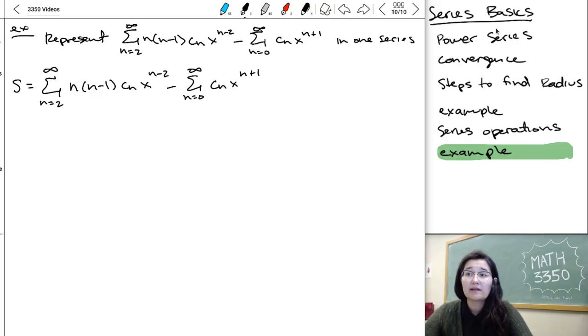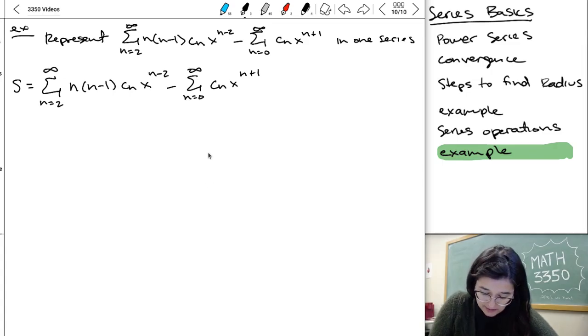So maybe I would look at this and say, okay, if I move this lower bound down, sorry, I need them equal. If I move this one down to 1 and this one up to 1, then they would both match. So I could go ahead and do that.